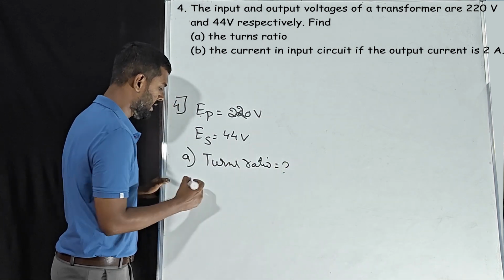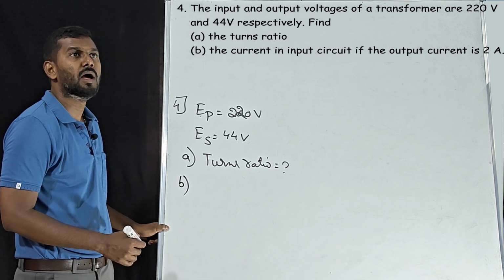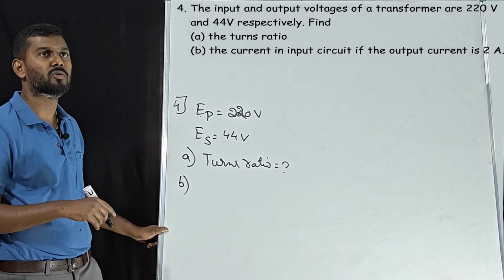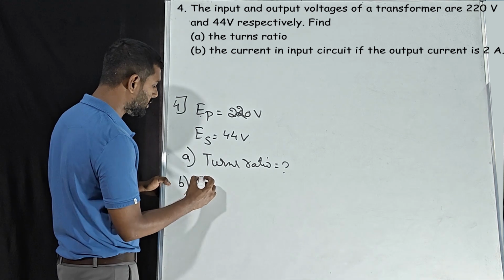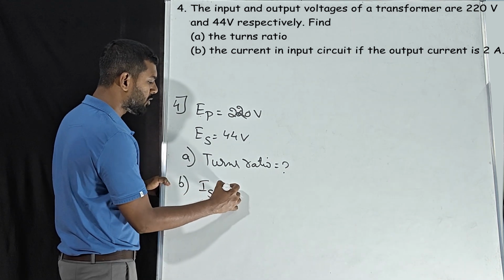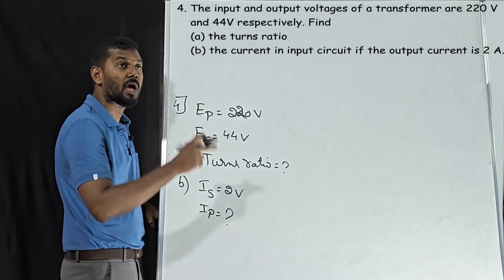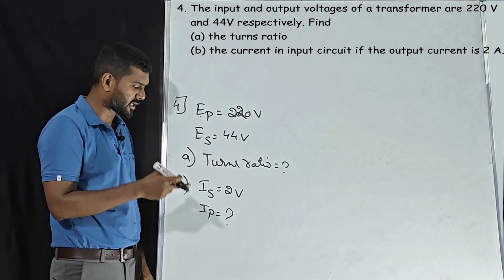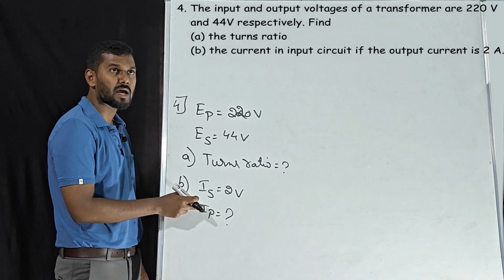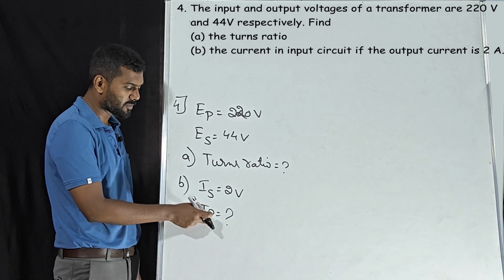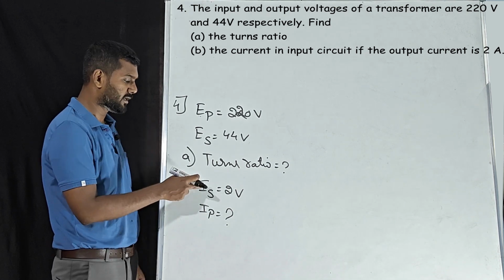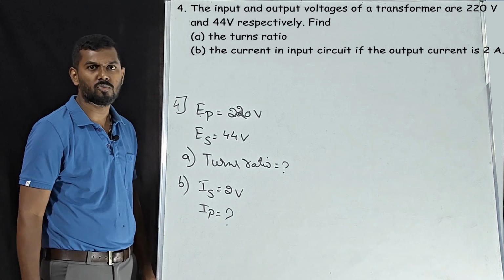Then we have to find the current in the input circuit if the output current IS is equal to 2 amperes, then we need to find IP. The current in the input circuit, that is input is nothing but primary, current in primary we have to find. Output current at secondary is given as 2 amperes.